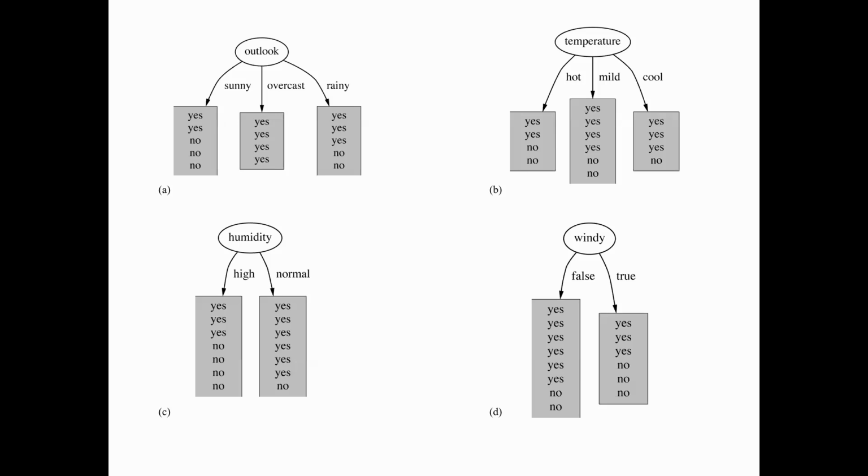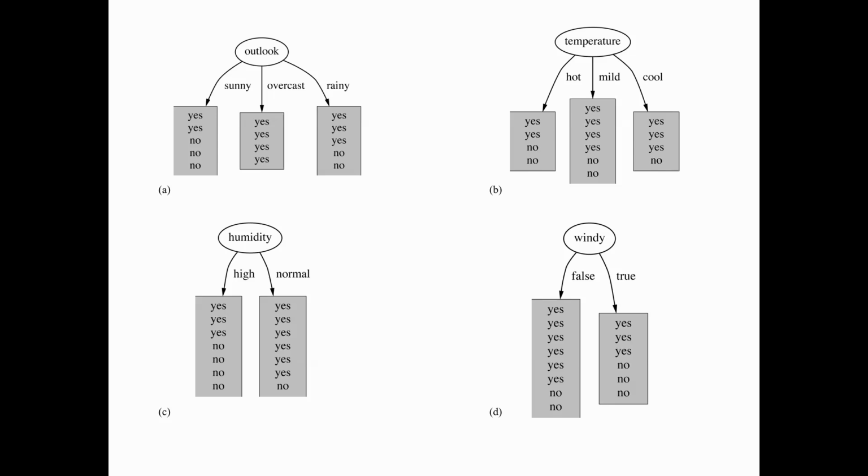Now we have selected one attribute. Here we have 3 branches. One branch we have finished because everything is classified, but there are 2 remaining branches, which means we have to select other remaining attributes to put here.